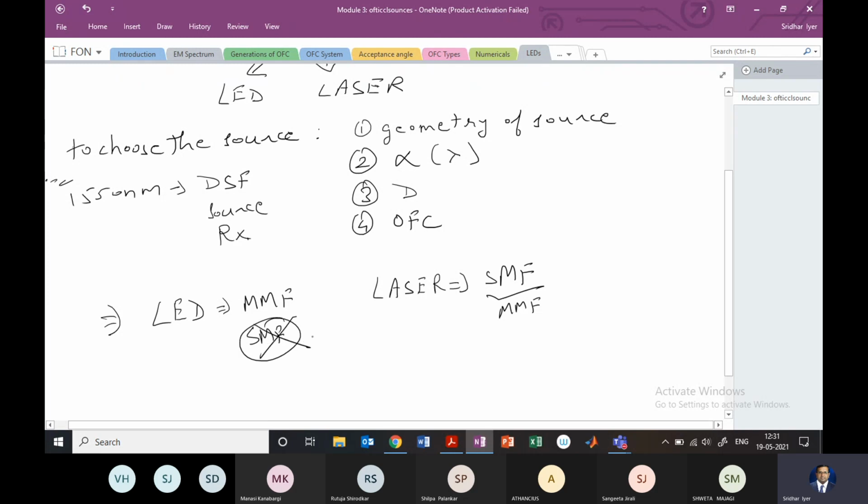The reason being, for a multimode fiber, the diameter of the core is larger compared to the single mode fiber, and the light from the LED, which we'll see in detail, starts to broaden with distance, and therefore it becomes very difficult to insert that kind of light from the LED into the single mode fiber, right?